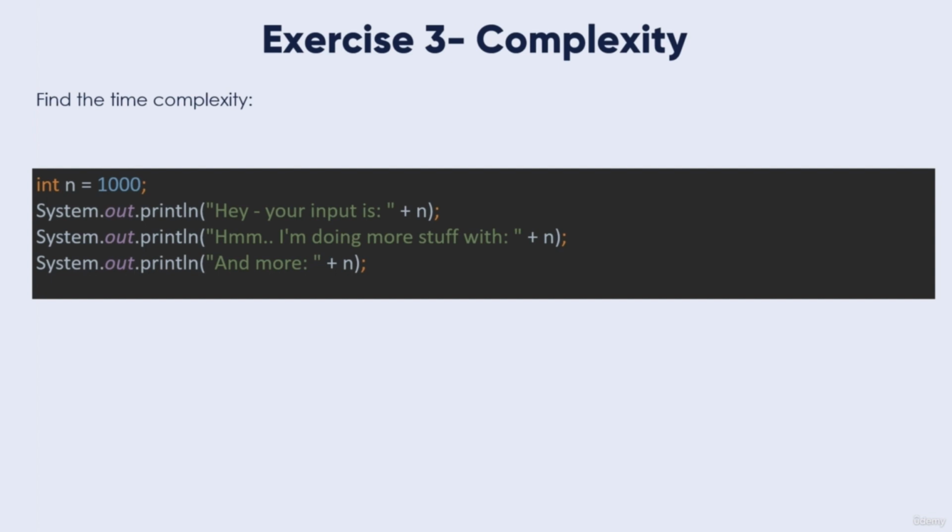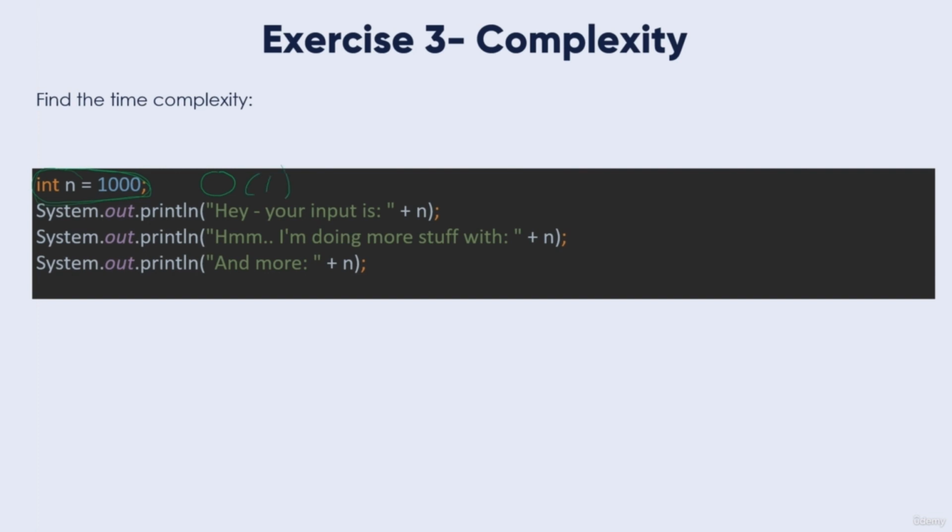So if we take int n equal to 1000, this 1000 is a constant, and with int n we are just declaring a constant here. So it is O of 1.